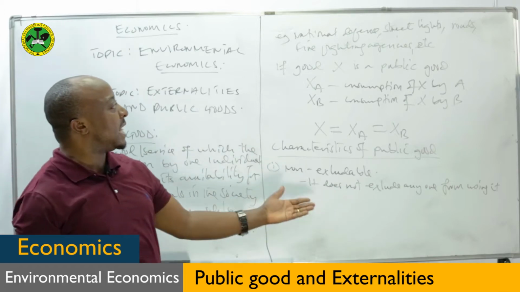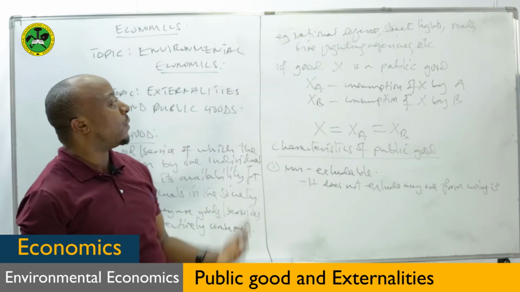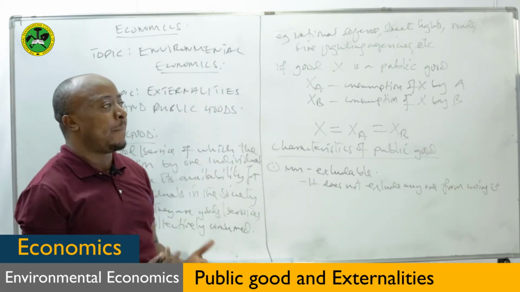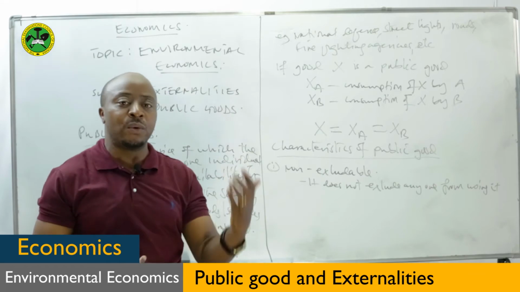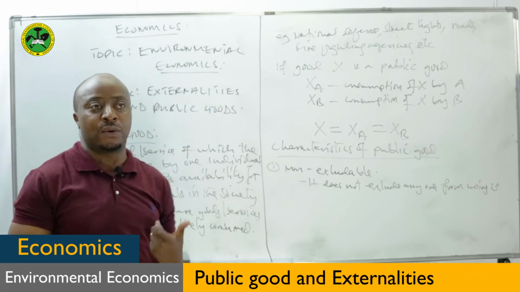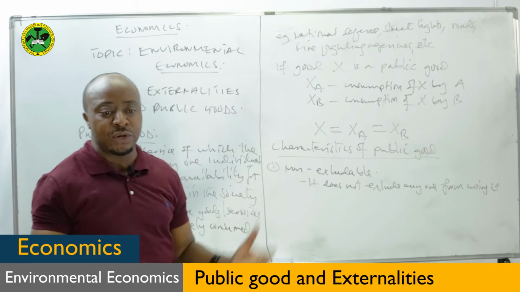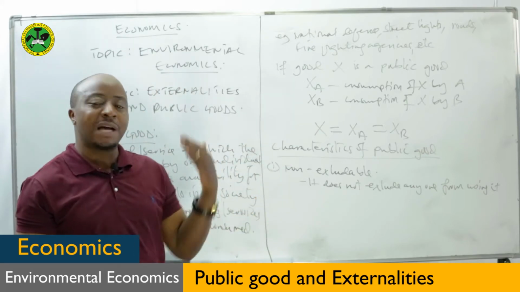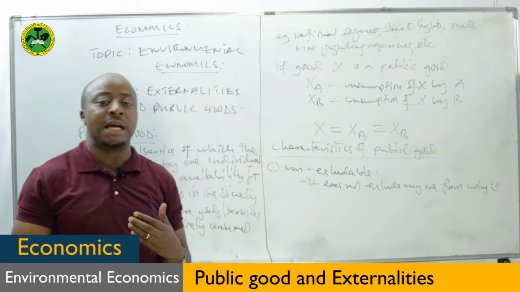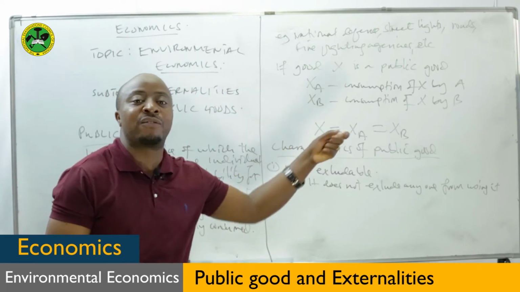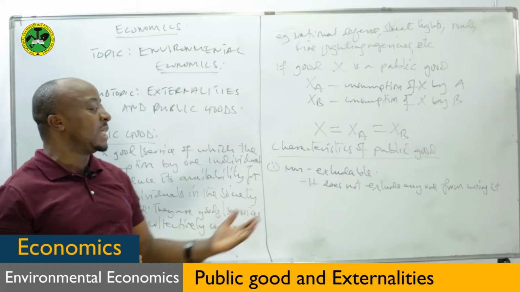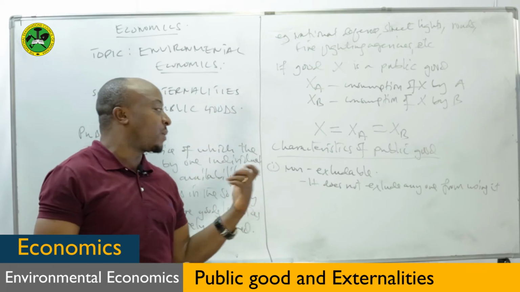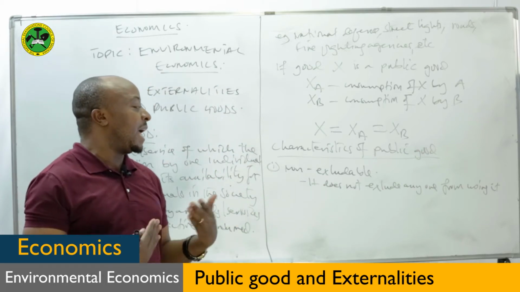So, for example, goods like national defense, street lights, roads and other public goods cannot exclude any member of the society from using them. For example, if we have a road constructed in the street or in the society, even if someone didn't contribute to the production of that road, it will not exclude him or her from using it just because he or she did not contribute. So for that case, that public good is non-excludable. In general, we say it is non-excludability.